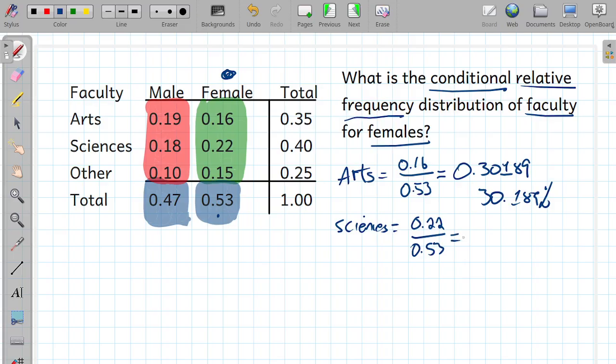Well, that's got to be close to 40%, I would think. Probably. 0.22 divided by 0.53 is 0.4151, or 41.51%.